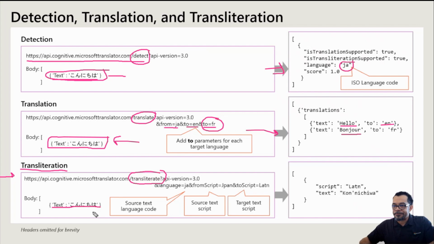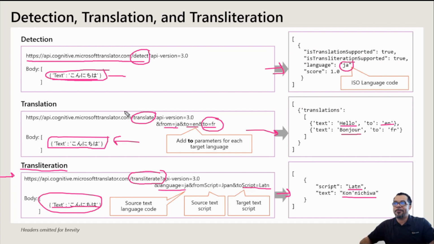In this example, we've got some Japanese text, the language is Japanese, and we're going to convert it into Latin text, or Latin type scripting, I should say. So we're going to take this Japanese text and convert it into Latin text, and the equivalent Latin text would be konnichiwa.